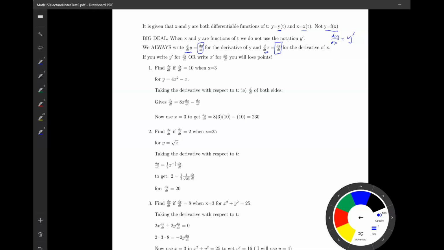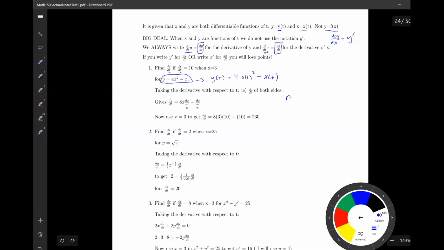So here's an example. Here's your function, but here they're telling you that y and x are a function of t. Now when I take the derivative with respect to t, I get dy over dt. This 2 comes down, so I get 8x to the 1 power times dx over dt, and the derivative of x with respect to t is dx over dt.